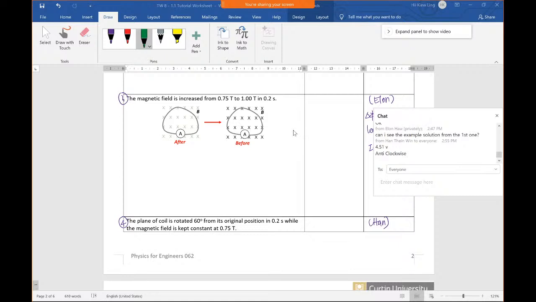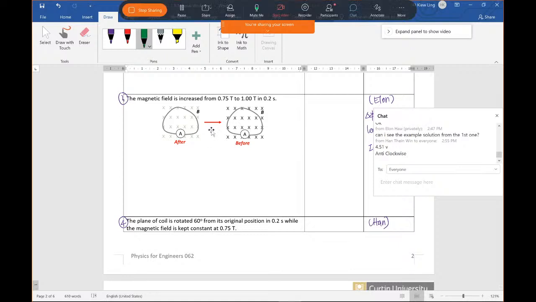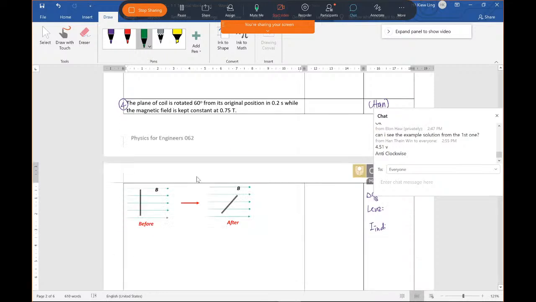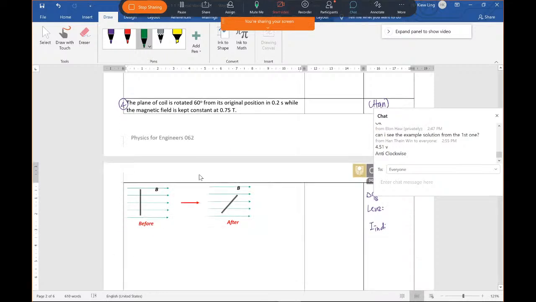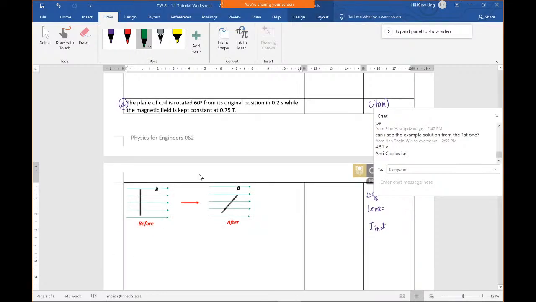4.51 anti-clockwise? Your question. Okay. Your question is this, huh? So let's say if this is the top view. So anti-clockwise is from which view? From here or from here?